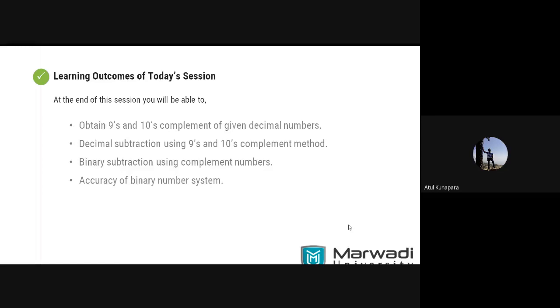Then you will perform decimal subtraction using the 9th complement and 10th complement methods. We are also going to perform the subtraction of binary numbers using complement numbers, that is, the first complement and second complement methods. And at the end, we'll discuss the accuracy of the binary number system when a number from any other number system is represented in binary form. Those are the points we are going to discuss today. So that will be your learning outcome.